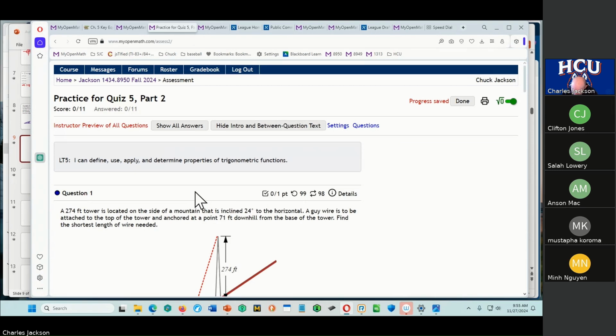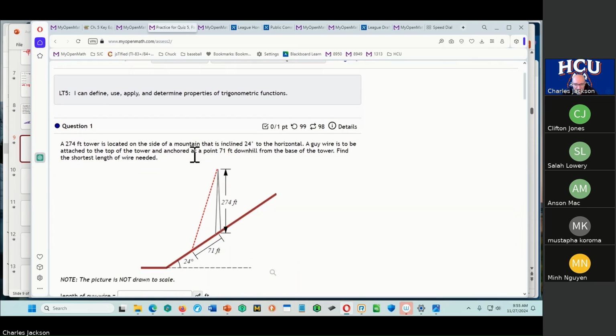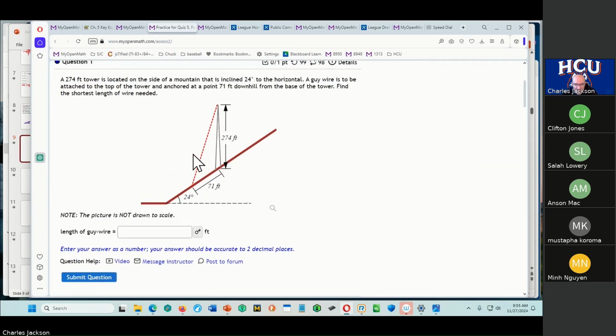Now, law of cosines, that is Monday. That's what we're studying on Monday. Some of these are law of cosines problems and some of them are law of sines problems. How do we know which is which?